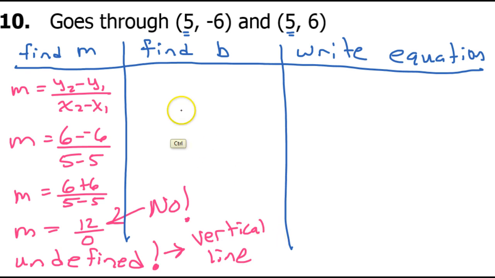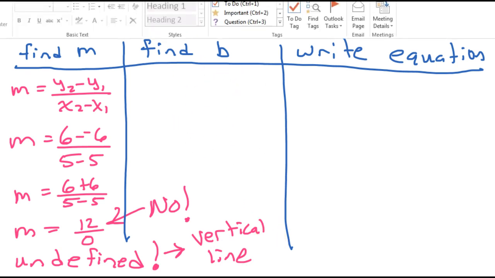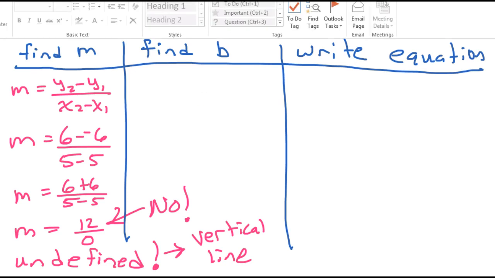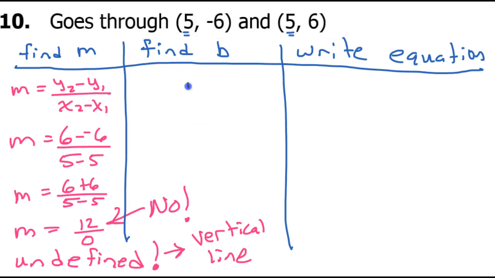Okay, so we're going to skip this whole part about finding the y-intercept, because that will not apply when we have a vertical line. The line is just straight up and down, like blam. Now in fact, think about it. Imagine this is my y-axis and this is my x-axis. 1, 2, 3, 4, 5.